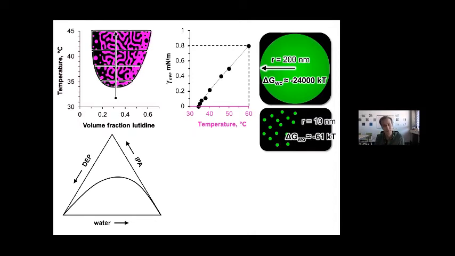Yes, there is. And to make this work, we actually need to use a ternary liquid system instead of a binary liquid system. Here is the ternary diagram of water, isopropanol, and an oil that I call just DEP. Also there, you have regions of nucleation and spinodal decomposition.